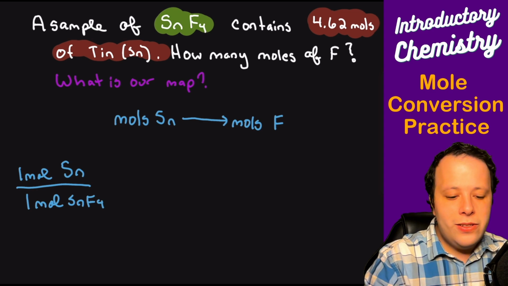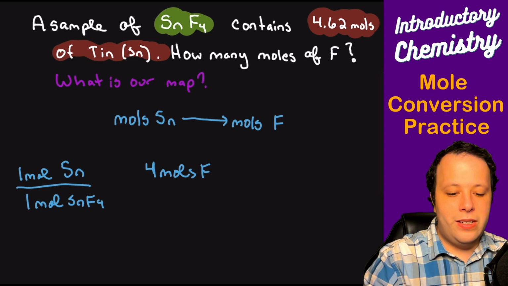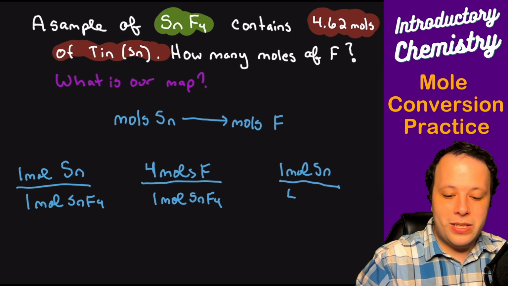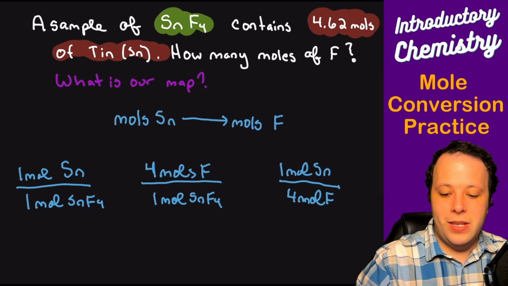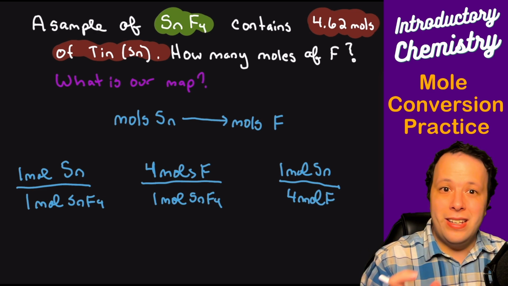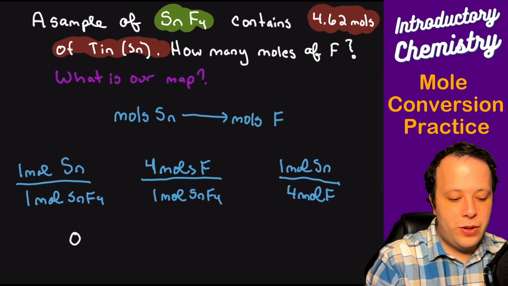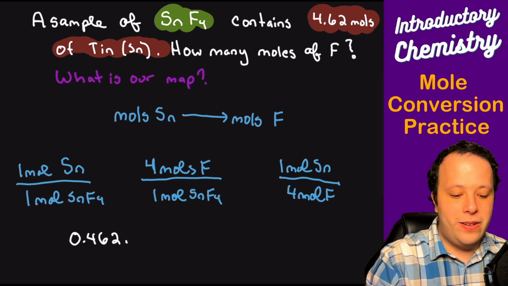I can also say that for every 4 moles of fluorine, I have 1 mole of SnF4. We can also say that for every 1 mole of tin, I have 4 moles of fluorine. So there's relationships within all of these that we can use to determine how we want to convert, how we want to cancel out our units.